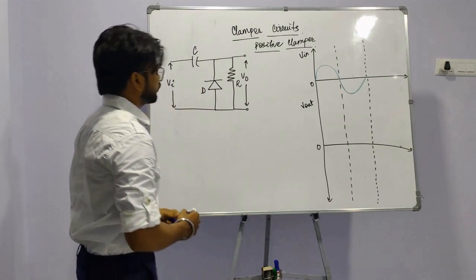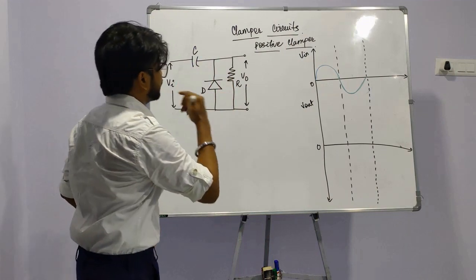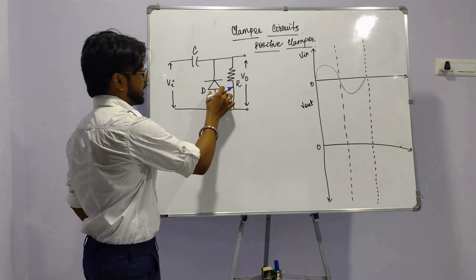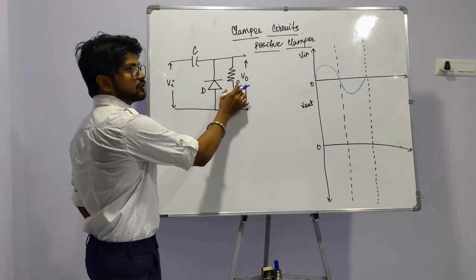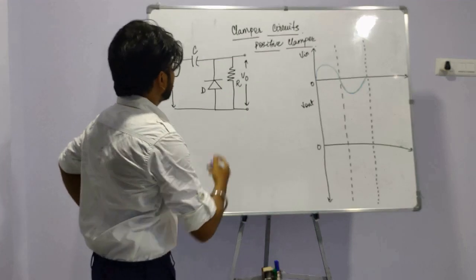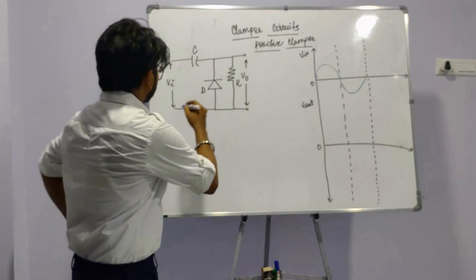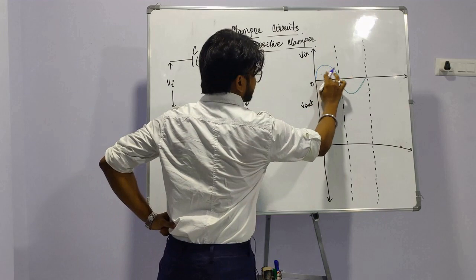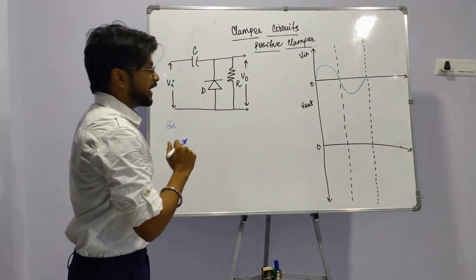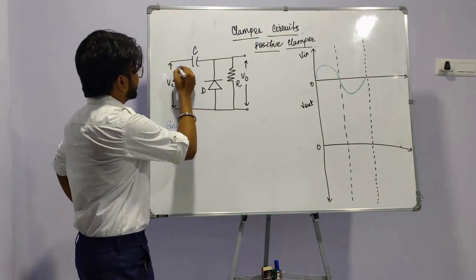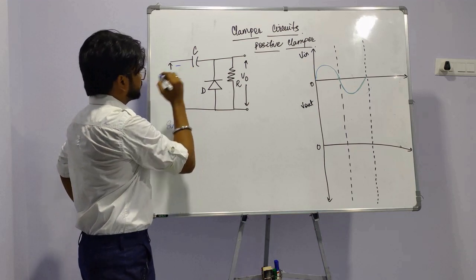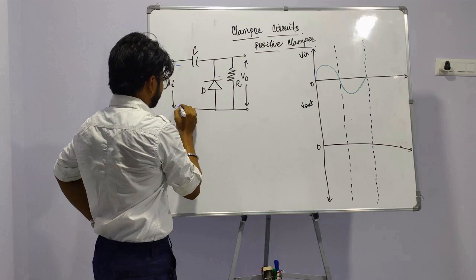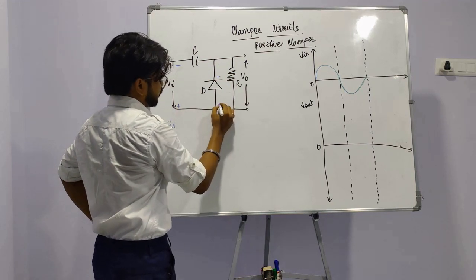Now you can see this circuit, where a diode is connected in parallel, with a capacitor in series, as well as a resistance. When a sinusoidal wave is given, as you can see this is the input signal, in the negative half cycle the negative terminal of the source is connected to the negative of the diode, and the positive terminal is connected to the positive of the diode.